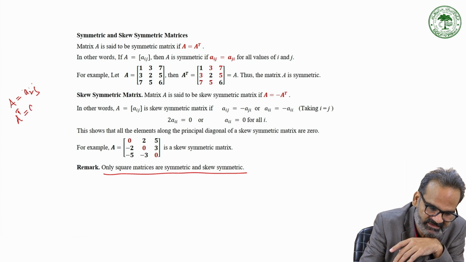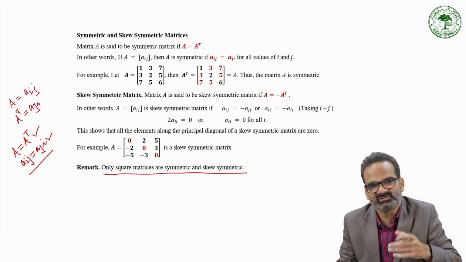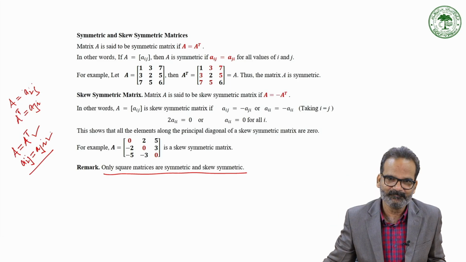So this can be written as Aji. And the definition is what? A matrix is symmetric if A is equal to A transpose, means Aij must be equal to Aji. You can understand, this definition or this definition, both are equivalent, right?